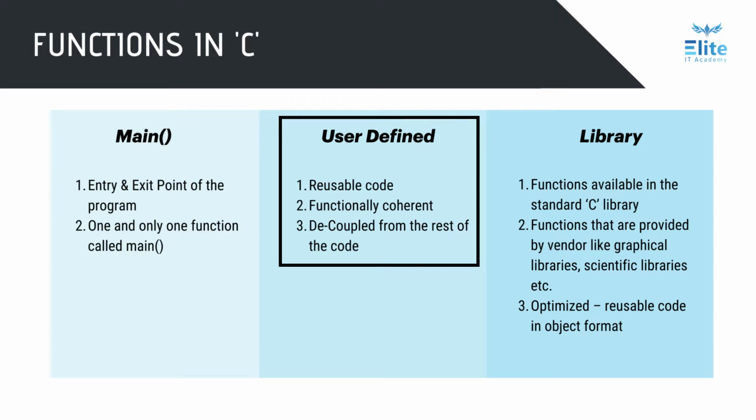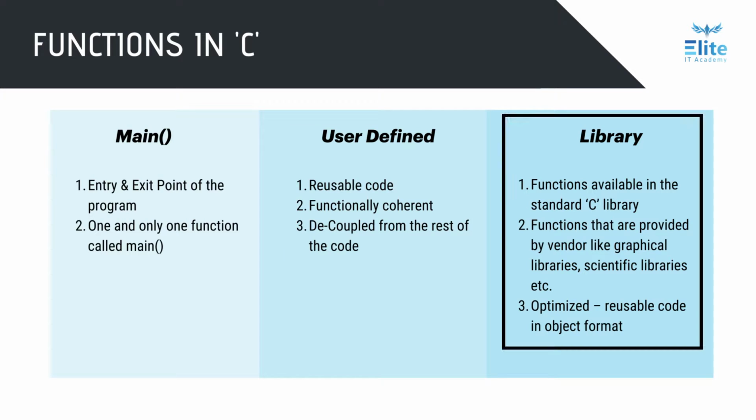The second type of function is a user-defined function. These user-defined functions are created as reusable units of code that perform a well-defined functionality which is decoupled from the rest of your code. This decoupling promotes reusability. The third type of function is a library function.